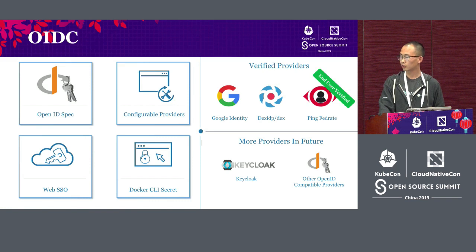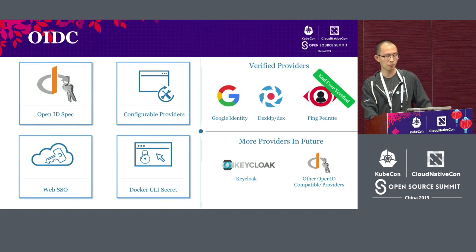But for Docker client or Helm Chart client, they are not able to redirect or do SSO, so we provide CLI secret to help these clients integrate with OIDC. And internally, Harbor will process the CLI secret and its relationship with a token.